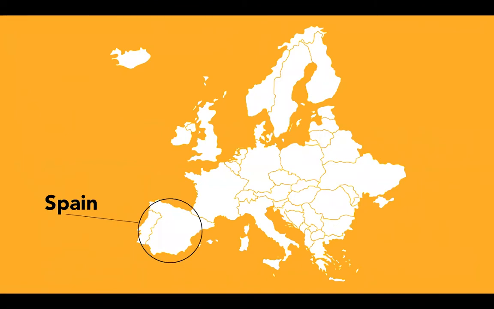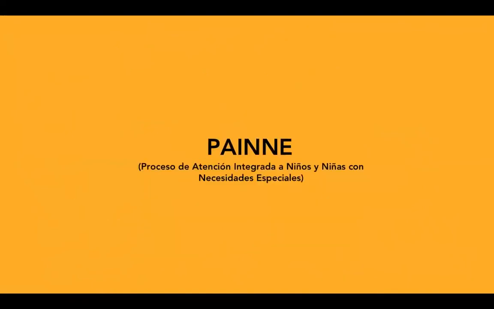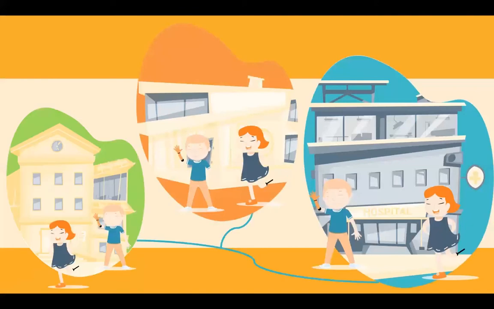In Spain, Pine stands out in the Basque region due to the special population it targets. Pine implements a fully integrated model of care for children with special healthcare needs.